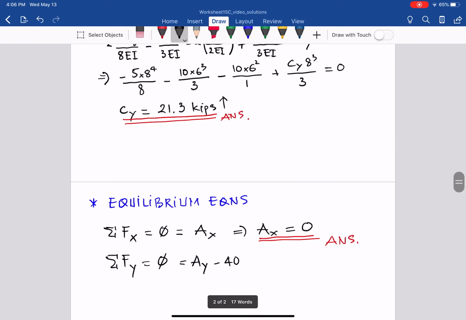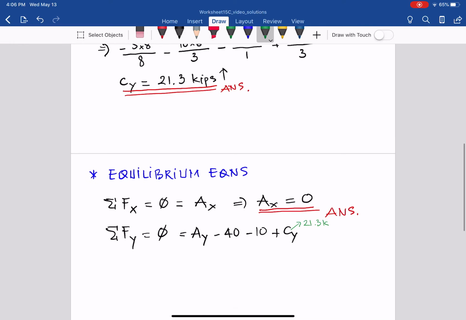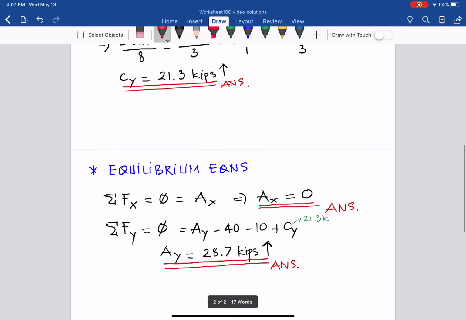Then negative 10 for the concentrated load plus CY equals 0. And CY we already found equals 21.3 kips. So from that, AY equals 50 minus 21.3, so it will be 28.7 kips, positive, same as our assumed direction in the free body diagram, going up. So that is nothing new to us. We learned that in statics a long time ago, everyone, right?